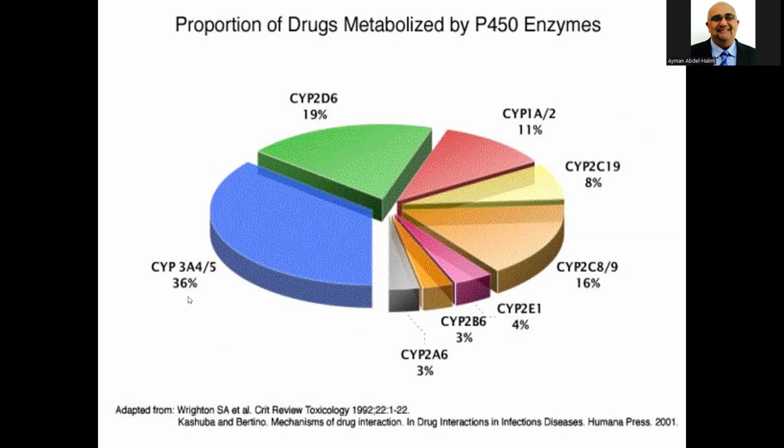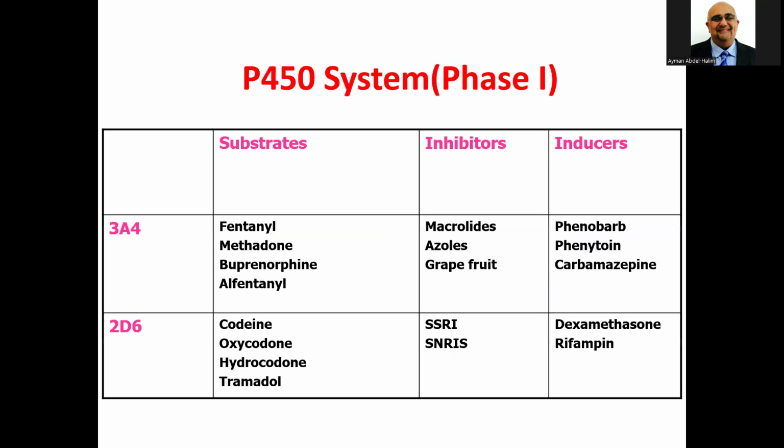The commonest CYP450 is the 3A4. It accounts for 36% of the P450 enzymes, while the 2D6 is next to it at 19%. And then 1A2 is 11%. And then the rest of these P450 enzymes.